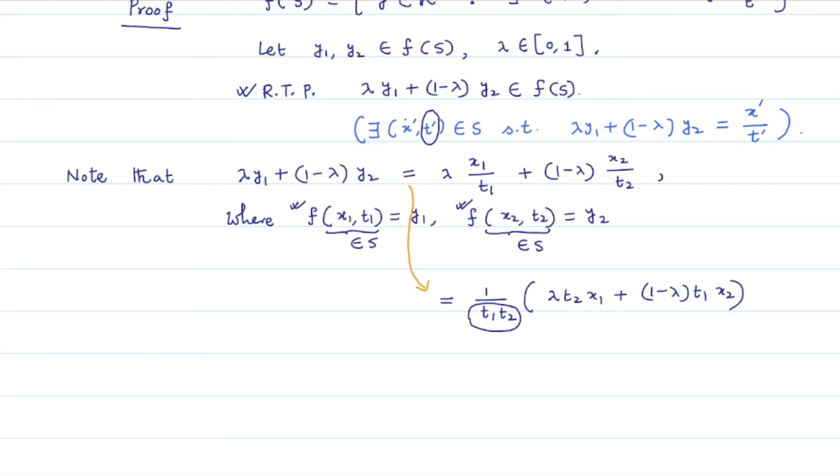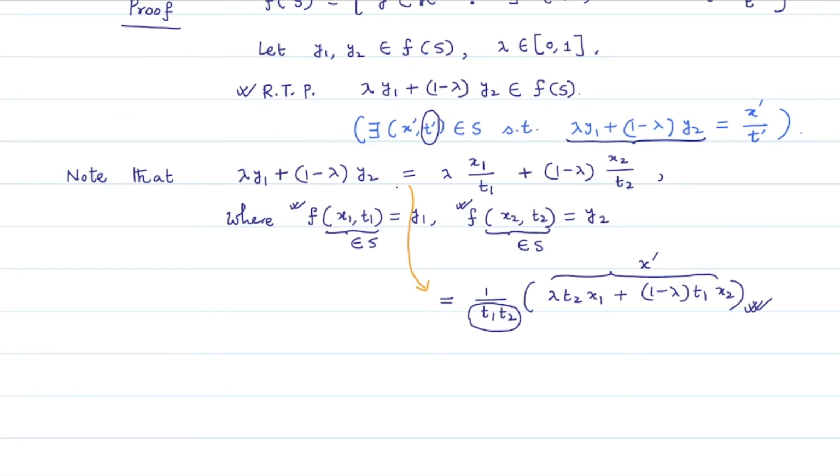But what about this x'? Can we take this expression as x'? But what is the guarantee that this expression can act as x', so that this (x', t') is inside the set capital S? So a simplification of this type may not give us a straight way to identify a point (x', t') inside the set S, for which this entire expression can be expressed by x' divided by t'.